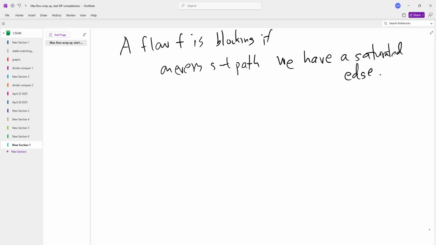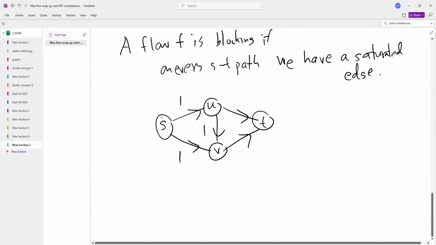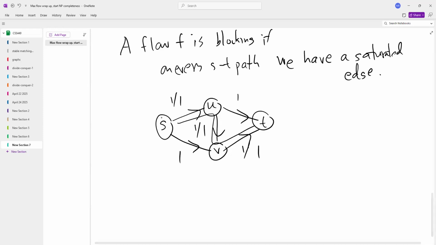Again, it's going to get clear with an example. So again, we just look at one of our popular graphs. If we run through this path, after you run through this path, you have capacity 1 used up here, and 1 used up here, without any reversals.